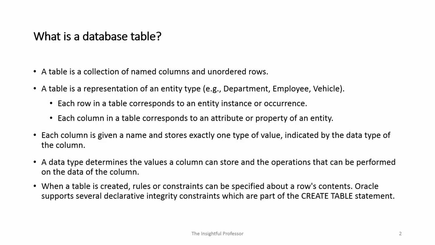So we can define these rules or constraints which will influence or affect the content of the columns within some row, or even a row being able to participate in a relationship. When we add these types of integrity constraints as part of the create table or data definition statement, these are called declarative integrity constraints.